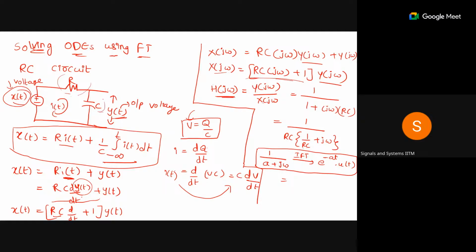You have to keep this in mind. So h of t, which is the impulse response, is equal to 1 by RC e power minus 1 by RC t u of t. Am I clear how we got the impulse response for the RC circuit?